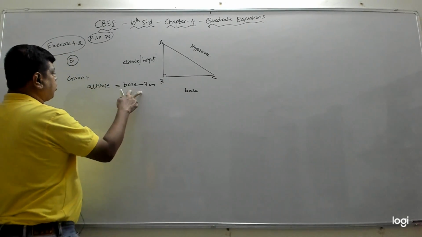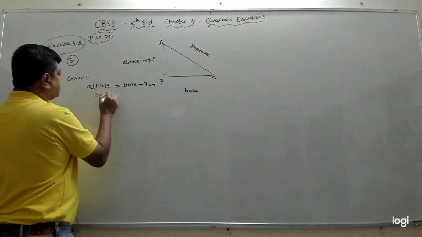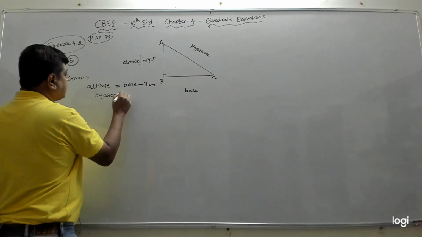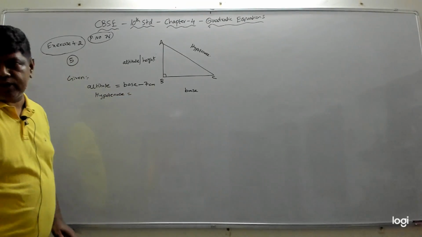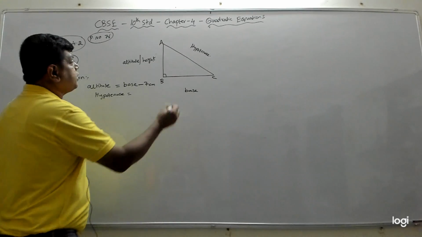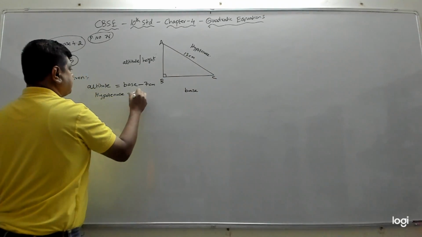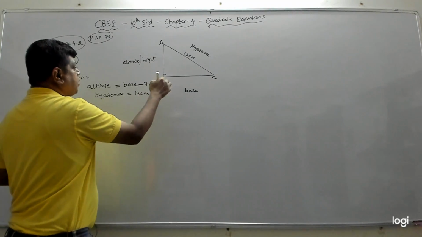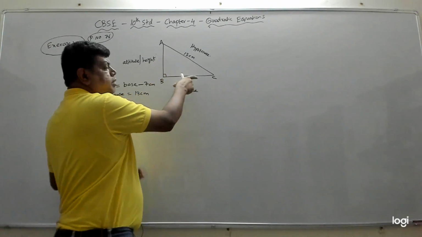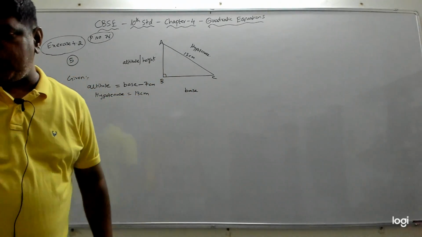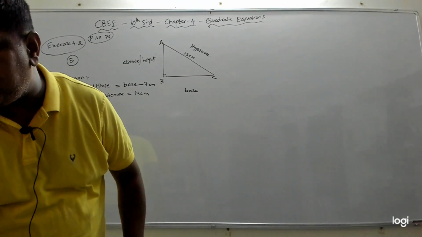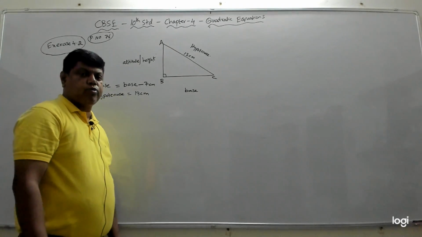And also the hypotenuse is given as 13 centimeters. So AC is 13 centimeter. Now we need to find the length of AB and the length of BC. They said find the other two sides, which means you have to find the length of the other two sides.